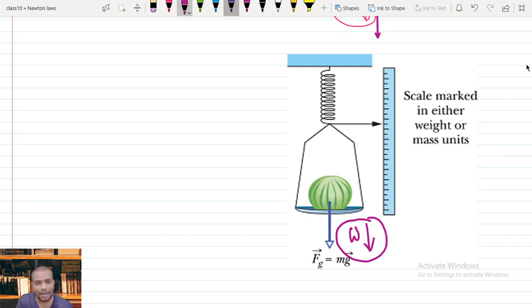To counterbalance this weight, and here this weight is kept in a pan, this pan is attached to a spring. Now there is a force which acts in the spring to counterbalance the weight. That force we know as spring force. So this is the next force we can take.